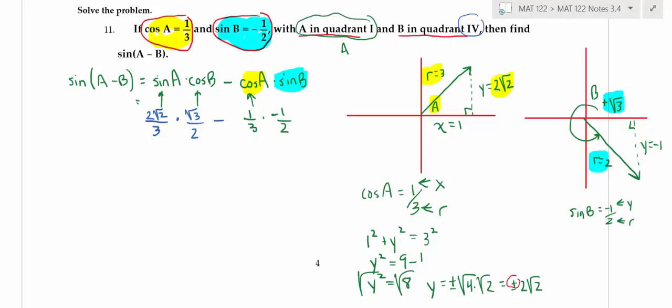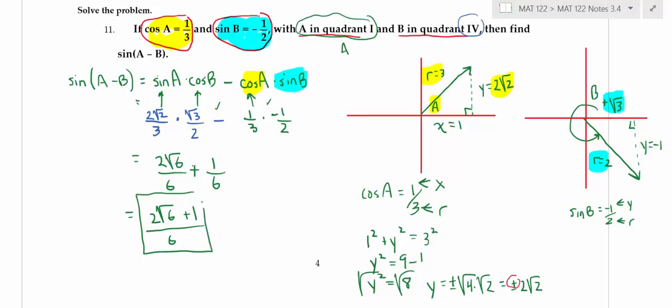When we multiply this fraction out, you're going to have 2 radical 6 over 6. And then when you multiply this out, that gives 1/6, since a negative times a negative is a positive. So if you put this together, you have 2 radical 6 plus 1, all over 6, as the final answer to that problem.